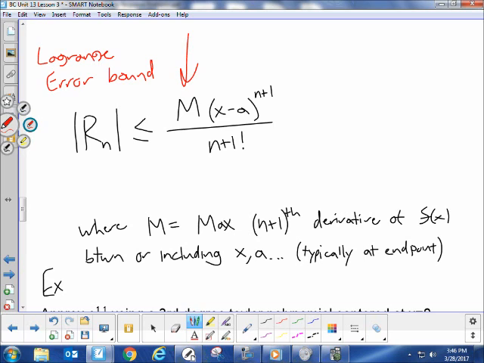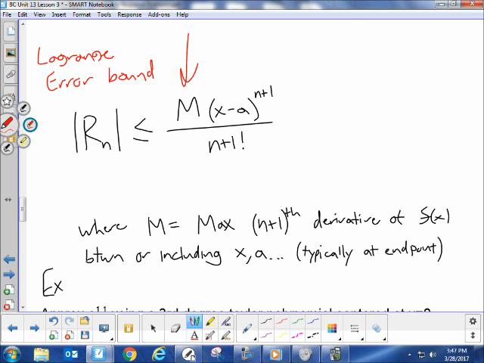Since you take a Taylor polynomial, and Lagrange says you can add the next term with a specific next derivative, and you will get the exact value. Well, if you are able to maximize this next term's derivative, that means you know the maximum amount that you can add to your Taylor polynomial, and that will give you the maximum amount you could be off by.